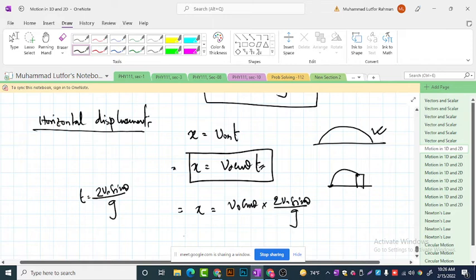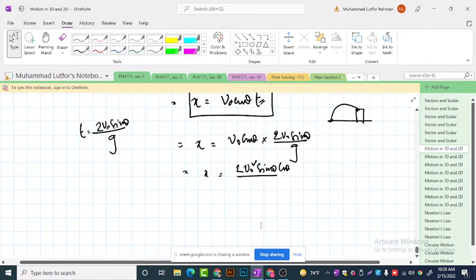I find x would be 2 v naught square sine theta cos theta divided by g, which is v naught square sine of 2 theta divided by g.